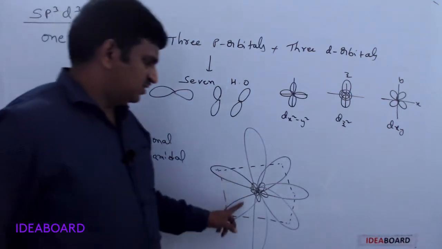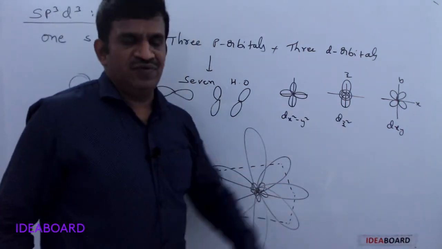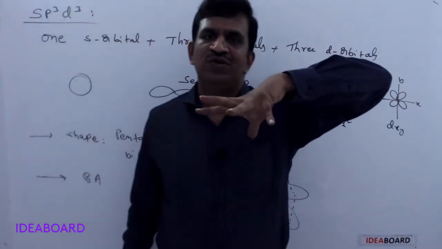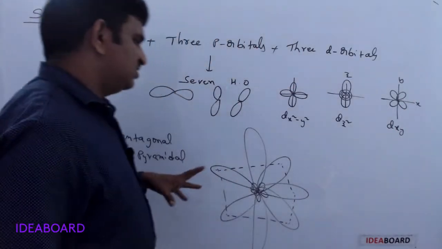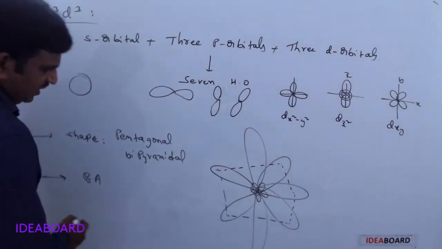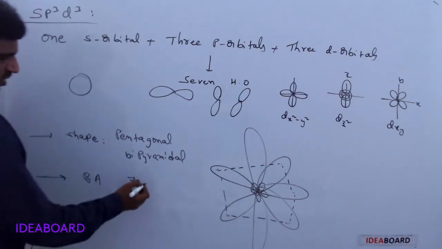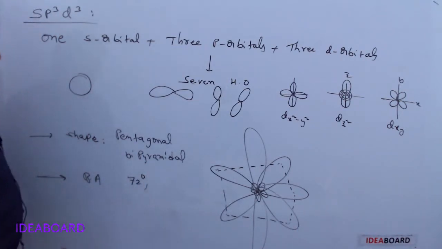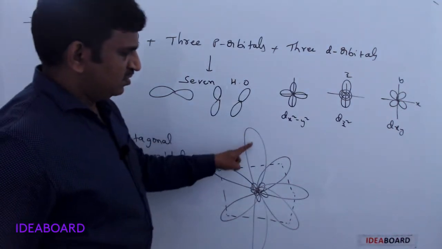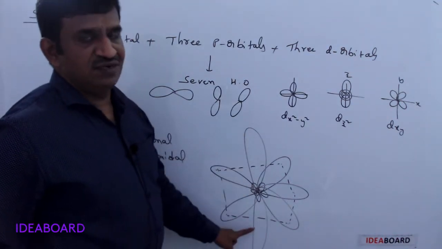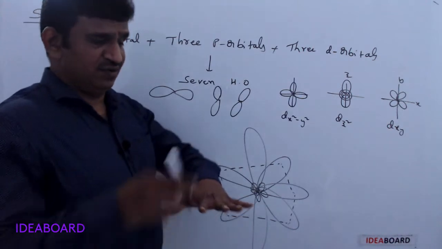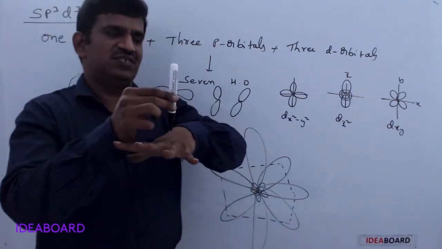5 orbitals are present in one plane. 360 divided by 5, how much do we get? That is 72 degrees. And the other possible angle is between the orbitals present above the plane and below the plane and the 5 orbitals in the plane.